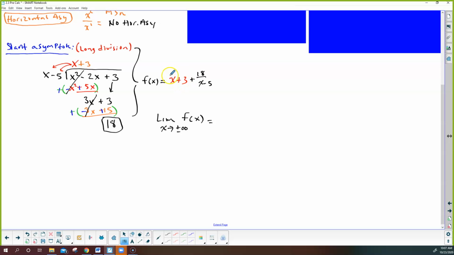It's controlled by the red part, which was our answer, and the remainder. So watch what happens as we go to positive or negative infinity. And again, I put plus or minus because we could take either one and we're going to get roughly the same answer.